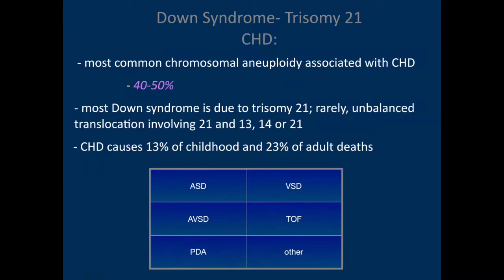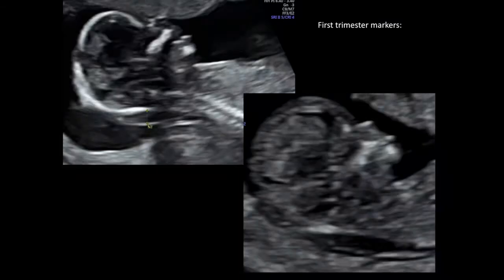Now, congenital heart disease is responsible for 13% of childhood and 23% of adult deaths in individuals with trisomy 21. And we see varying types of congenital heart disease, including the hallmark defect that people are aware of, which is the AVSD or AVSD with tetralogy. But all of these features are seen to a greater or lesser extent in individuals with trisomy 21.